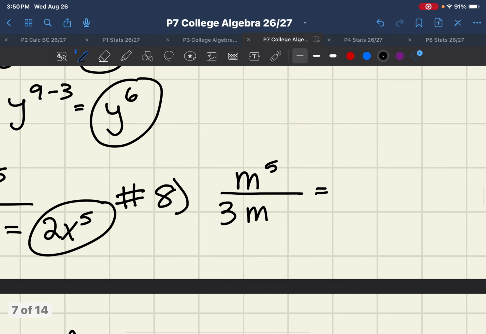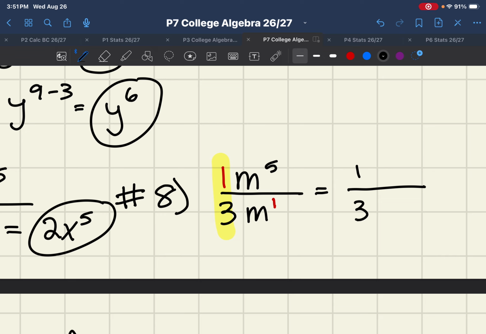Okay, same with number 8. So number 8, I really have the coefficients 1 and 3, because if you don't see something in front of the variable, it's that invisible 1. Same with the exponent. If you don't see an exponent there, it's an invisible 1. So I have 1 over 3. So think of that. That's the same as saying 1/3. Is 1 divisible by 3?